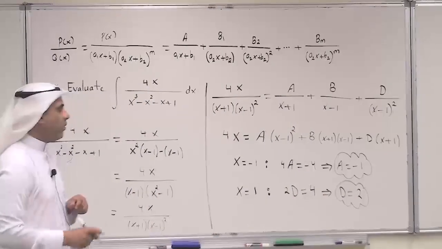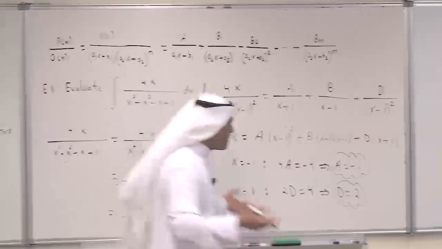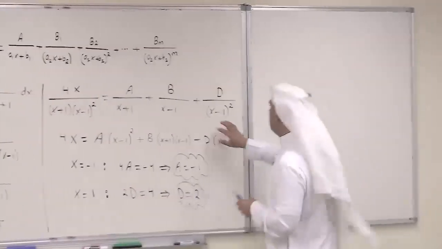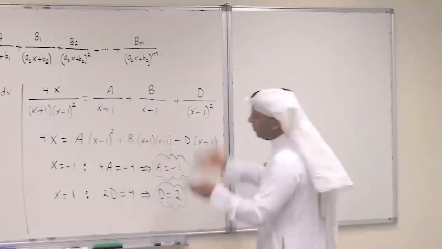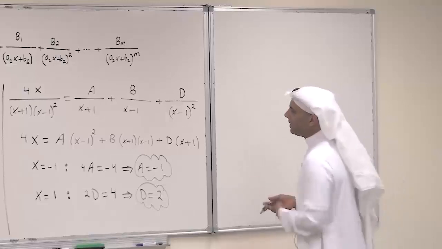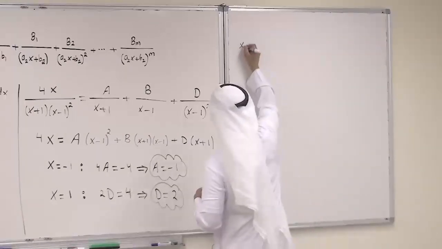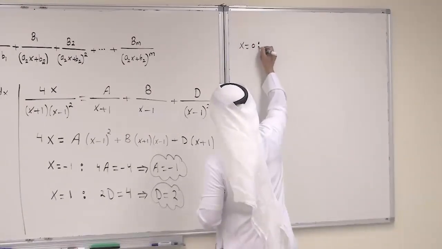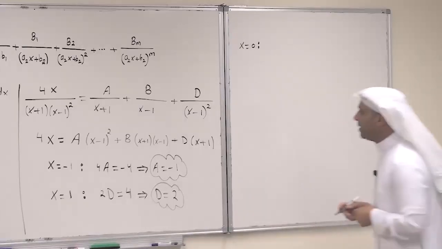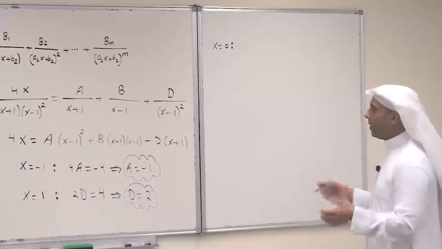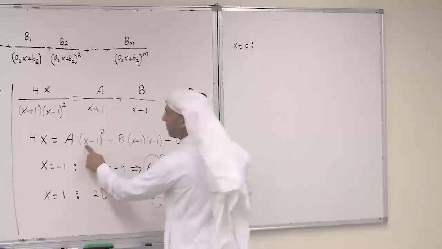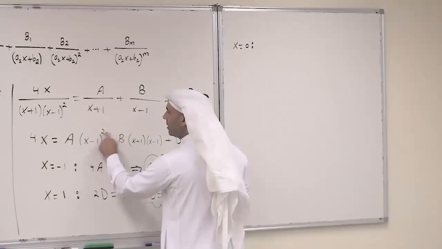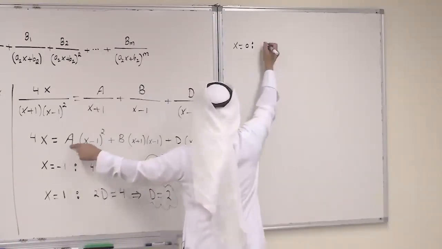Next, I need to choose another point. We already used 1 and minus 1, so we have the freedom to choose the third point. I will choose it to be 0 to make the calculation easy. If x equal to 0, substituting 0 here, you get 0 minus 1, square it, you get 1, so that will give me a.